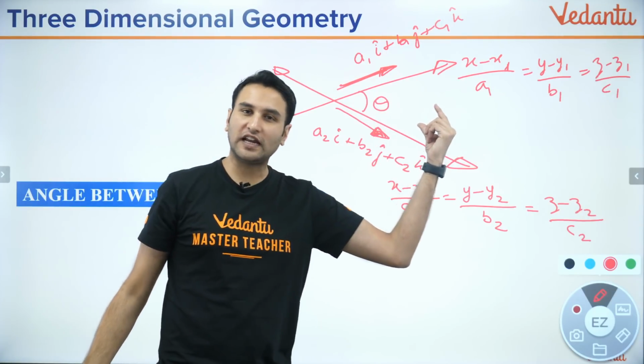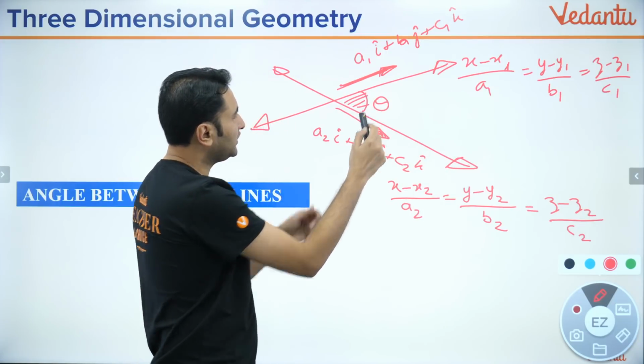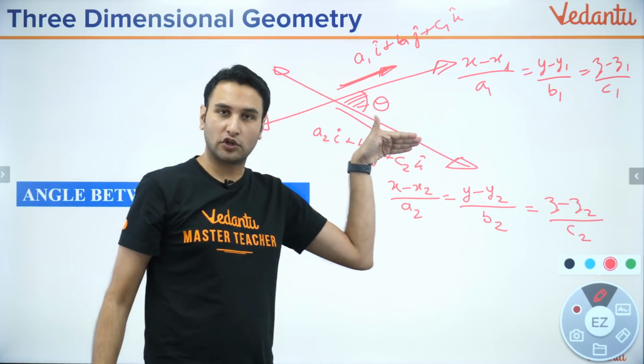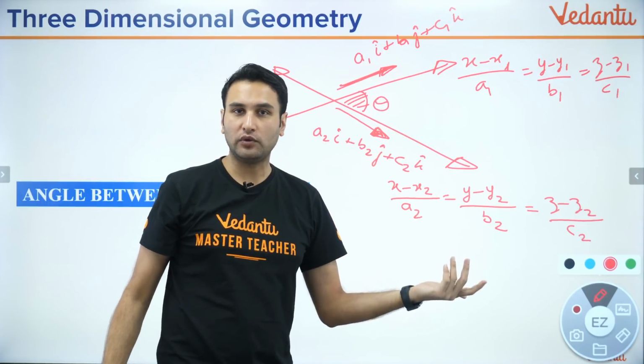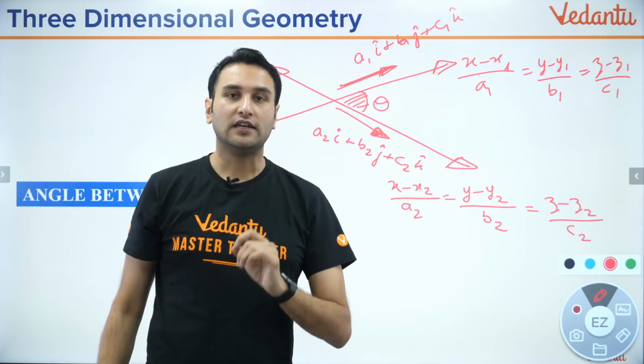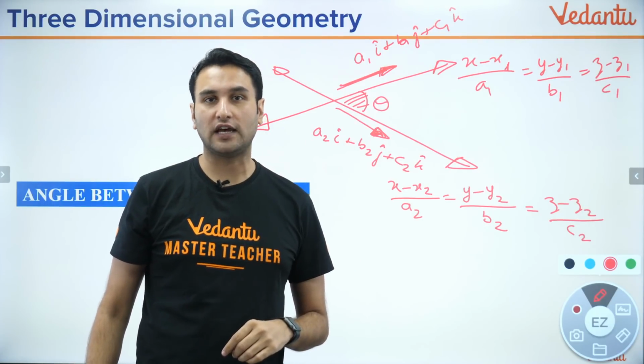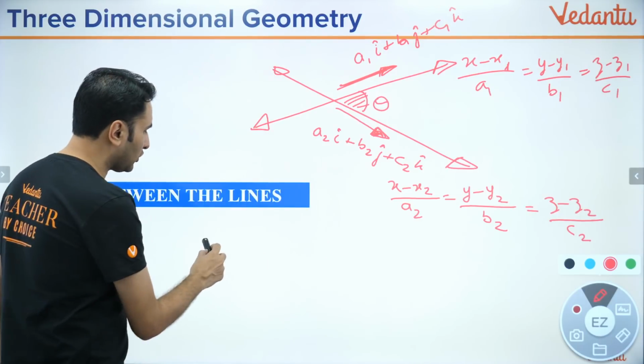Then the angle theta between the lines is same as the angle between these two directions. Yes or no? दोनों का डॉट ले लो. So angle between the two lines is same as the angle between the directions to which these lines are parallel. So what will be the cos theta?